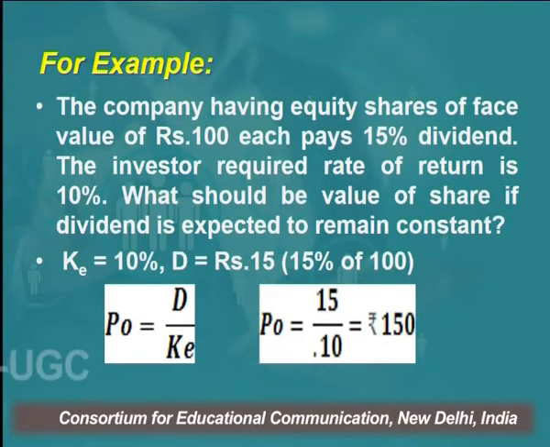So if an investor invests in a company which is going to give 15 rupees dividend on a 100 rupee share for an infinite period of time, and the investor's required rate of return is 10%, the right valuation of the equity share should be 150 rupees as per the dividend model, where the amount of dividend remains fixed, constant, right? So D divided by KE.